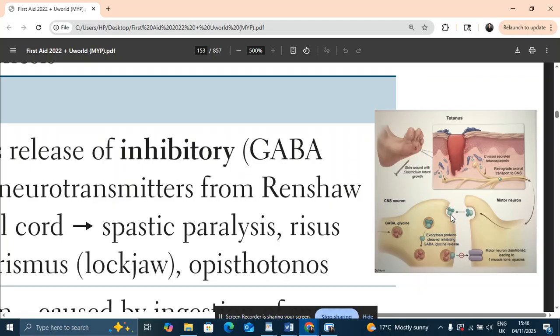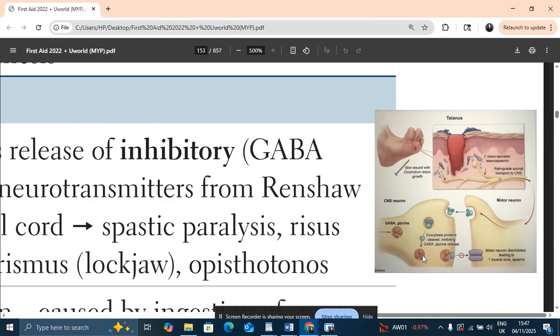Tetanospasmin is entering the presynaptic terminal and inhibiting this SNARE protein, which takes glycine and GABA to the synaptic cleft. When tetanospasmin enters the presynaptic terminal, it cleaves SNARE proteins and prevents them from doing their work. So these neurotransmitters cannot get released into the synapse, because tetanospasmin is inhibiting SNARE protein.